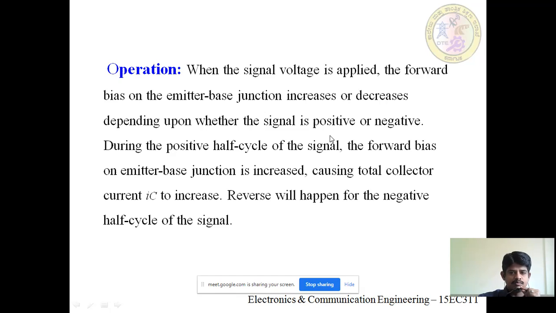During the positive half cycle of the signal, the forward bias on the emitter base junction is increased, causing the collector current IC to increase. The reverse happens for the negative half cycle of the signal. That means if the input signal is positive, the output will have more collector current, and if it is negative, the collector current will be reduced. So this is the operation of a transistor as an amplifier.